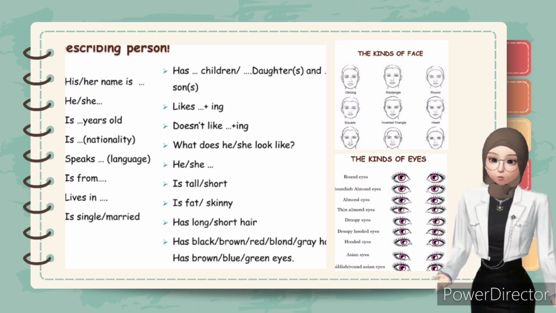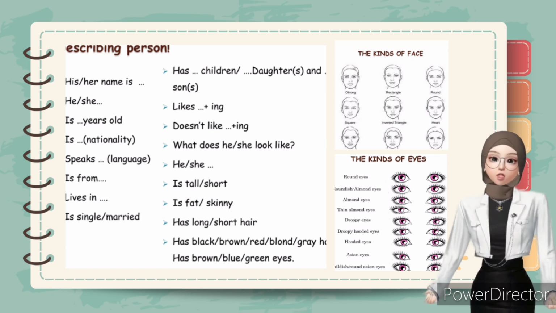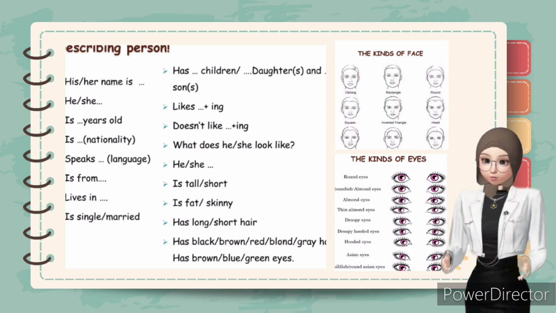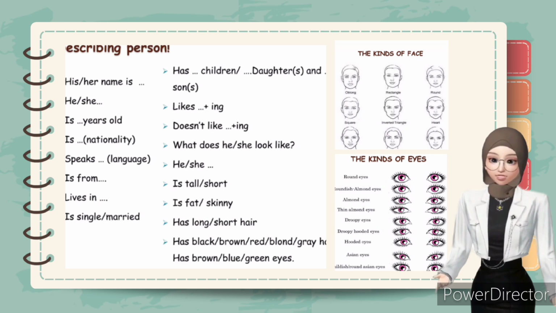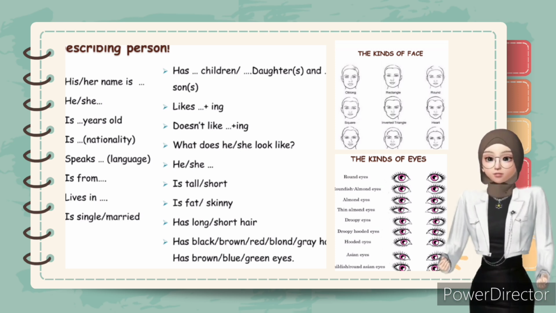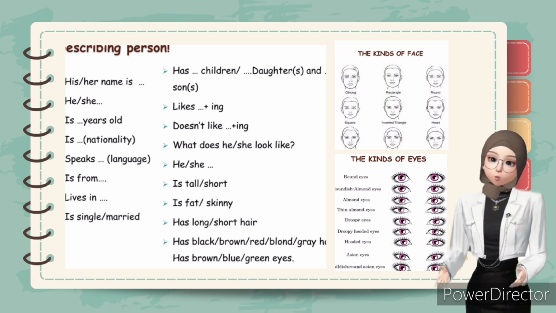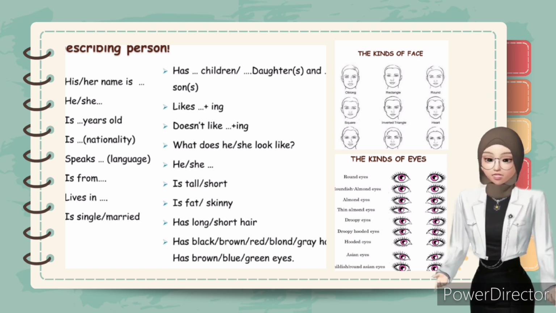First one, the general: like she or he is how many years old, then the nationality, where she lives, single or married. And for detail, like the hair and the height, also the kind of face, the kinds of eyes. You can use this to describe someone.